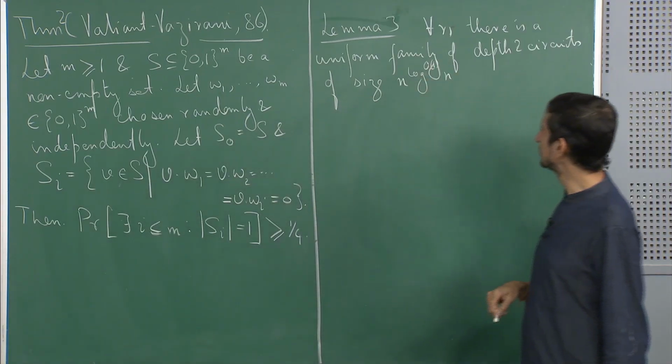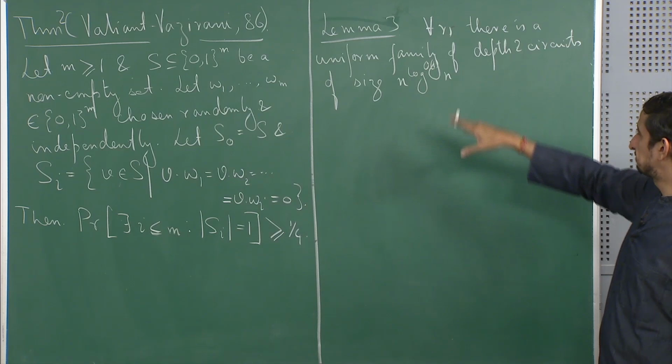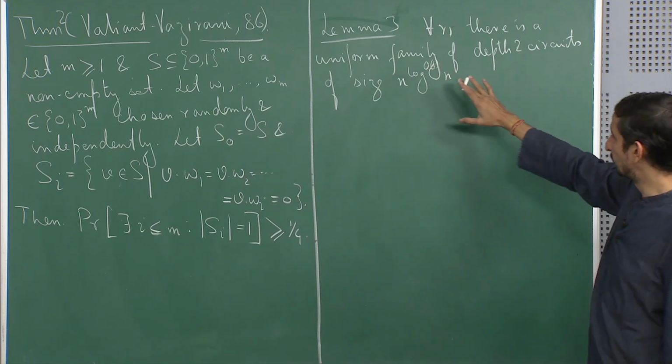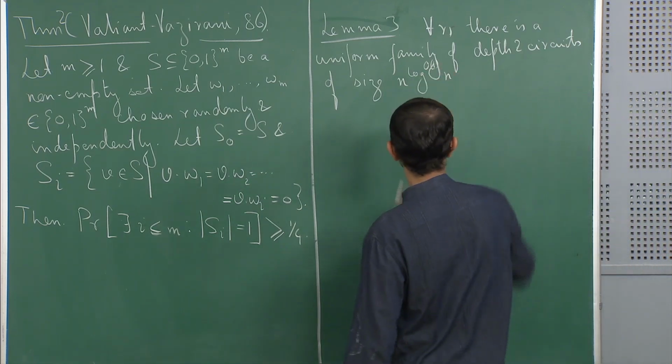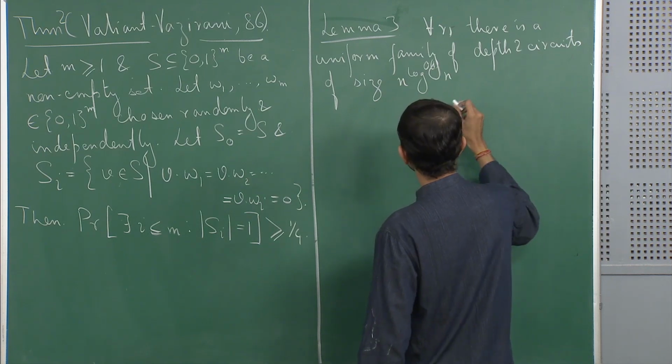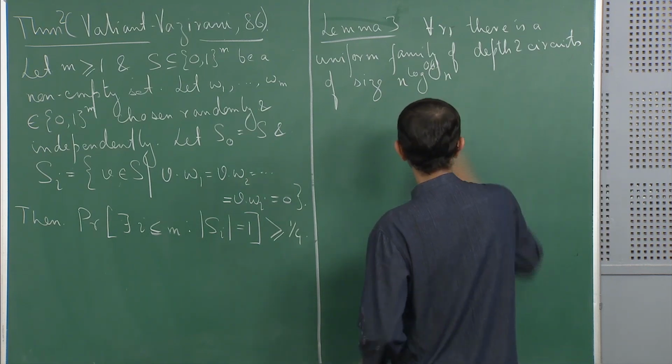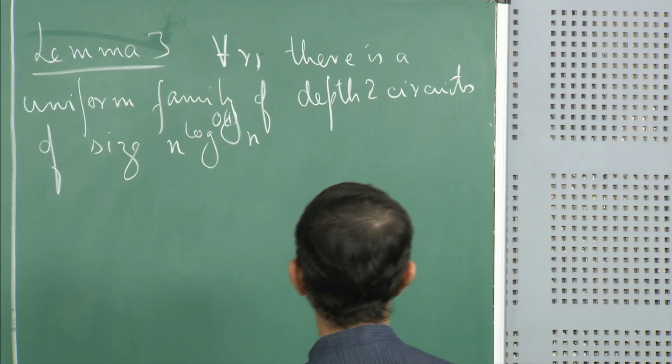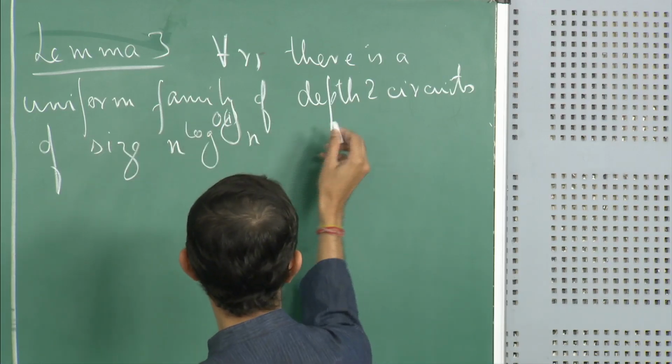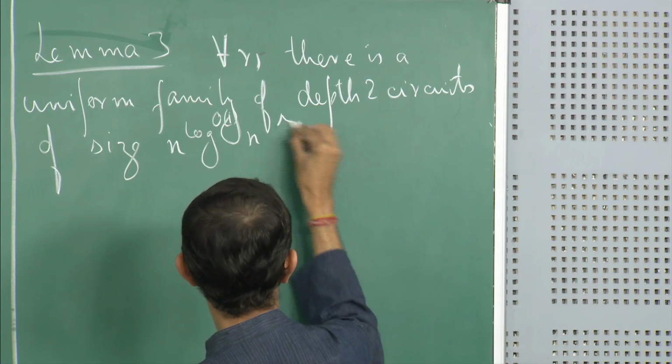Actually this O(1) can also be fixed. I think it is 3 or 4, something of that order, but yes, it's a constant. Let me say: a uniform family of probabilistic depth two circuits.